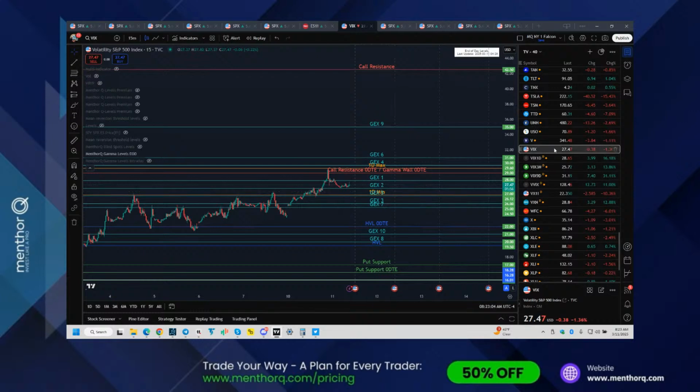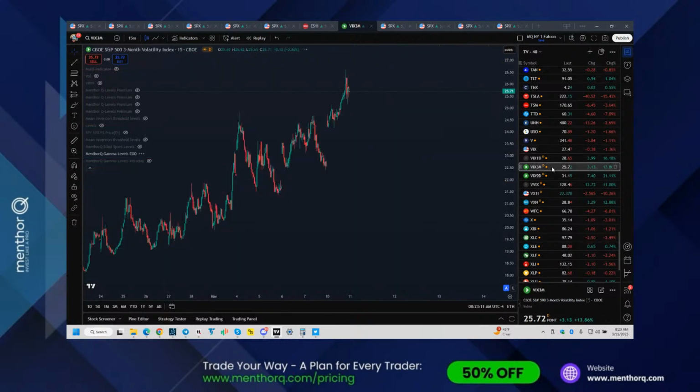Remember, this is telling us April. This is not telling us what's expiring in a week. And the VIX 3-month is down at 25, as a normal curve. And when I go to the site, we'll pull that up. Maybe Fabio can preload the term structure while I'm doing this.